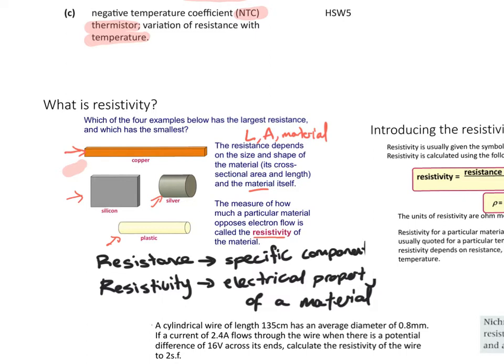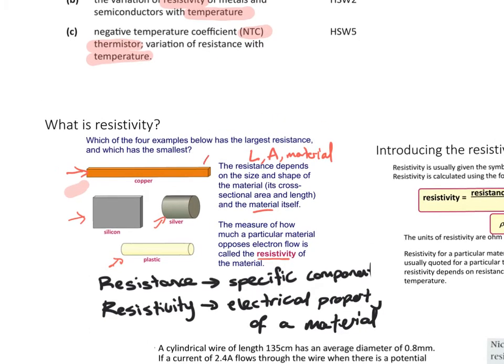So if I change the length and cross-sectional area of copper, for example, resistivity will never change. It's a specific property of copper, but the resistance will change. So resistivity doesn't get affected by physical properties, resistance does. And resistivity is a property of the actual material.